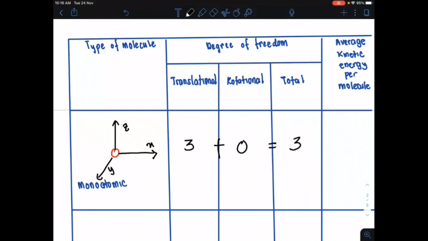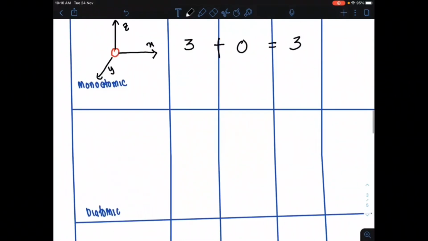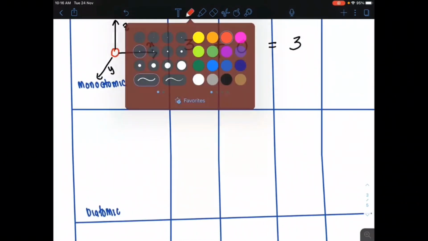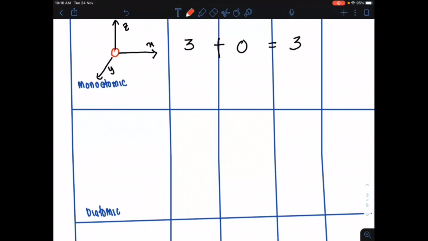Alright? Okay, next kita ada diatomic. Untuk diatomic, kamu akan ada 2 biji lah. Okay, 2 biji kamu ini, they are going to be connected using a bond lah. So, mereka akan ada bond yang connect mereka. Alright?